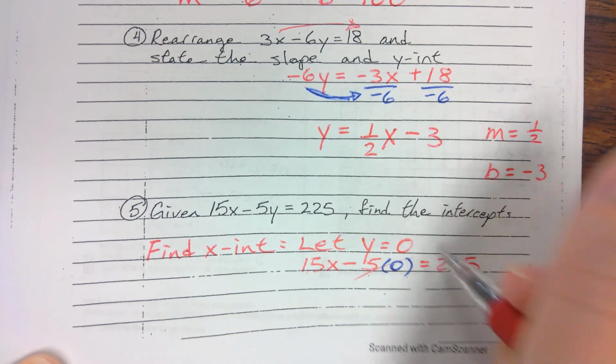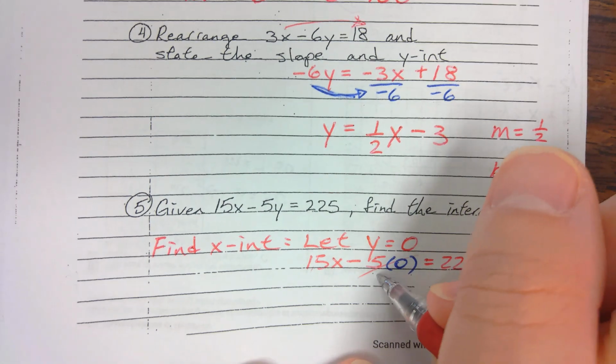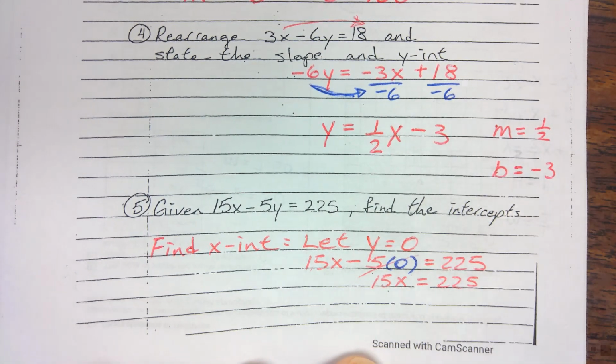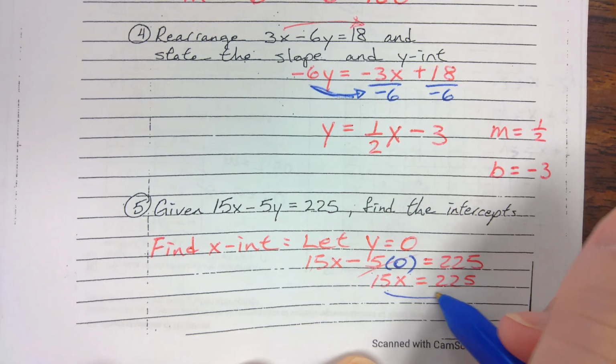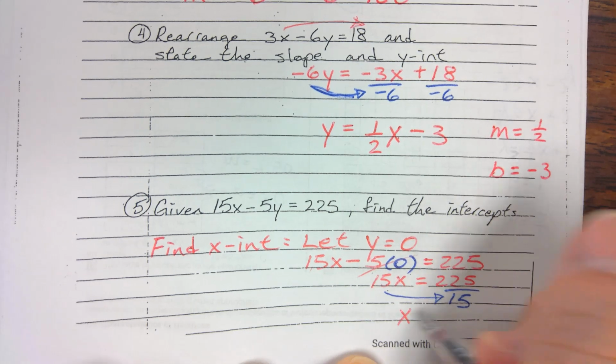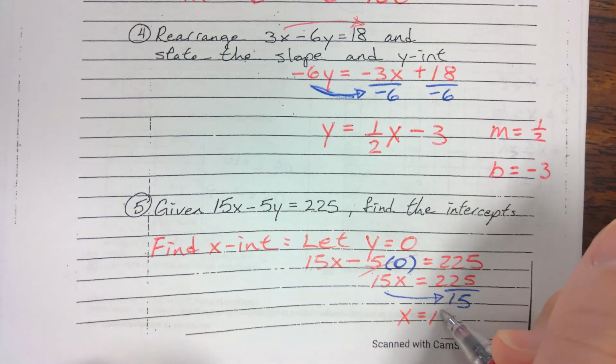So anything times 0, that's gone. So it's just 15x equals 225. And you have to divide by 15. Yeah, good job. So x equals? X equals 15. Good.